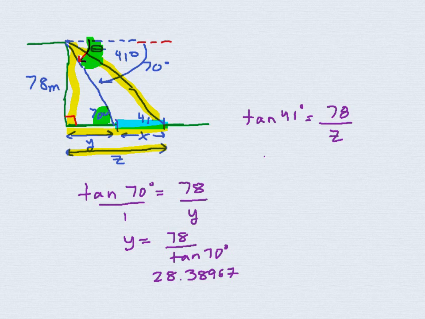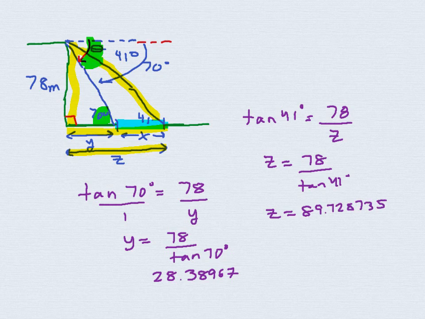So to solve for z, take your 78 and divide it by the tan of 41 degrees, and that will give you the whole adjacent side. So z is going to equal 89.728735 if you keep going.